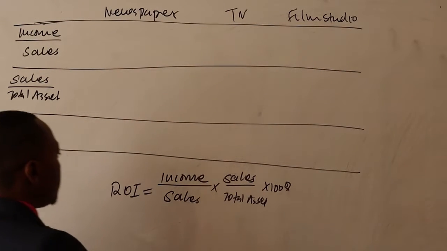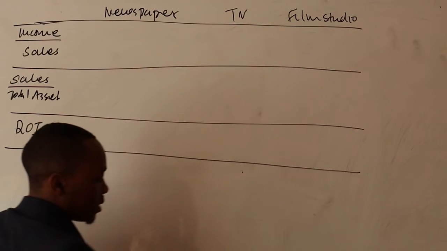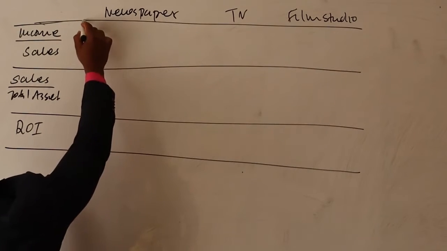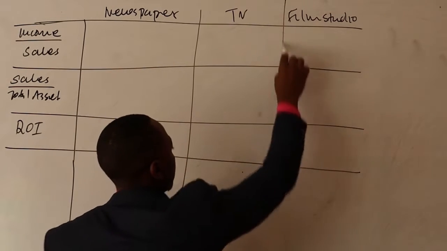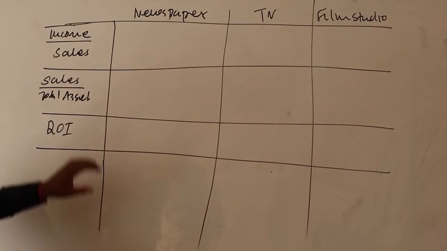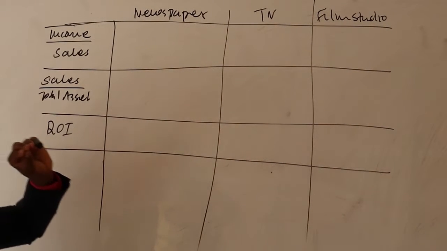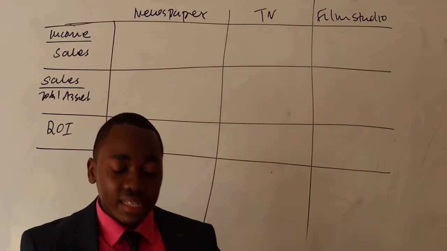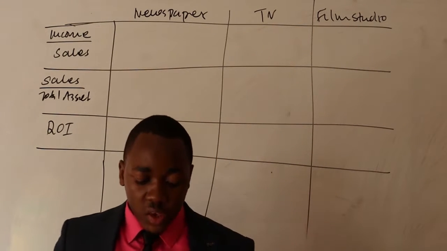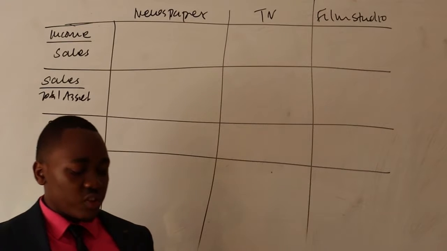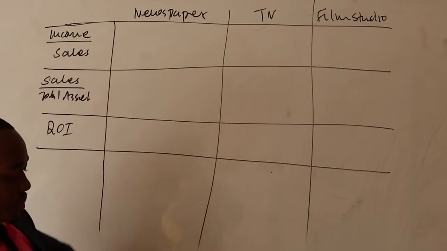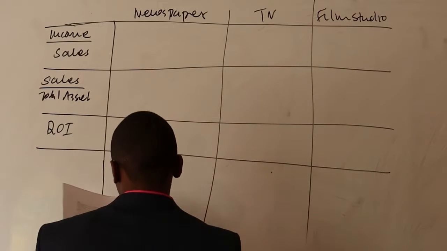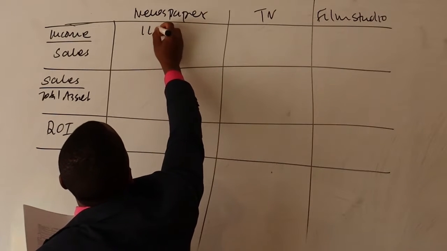So, what do we have? Let's start with the first one, income over sales, and we are supposed to use year 2016. That's what we are told, using year 2016 as denominator. So let's start with income over sales. For the newspaper, the operating income was 1100.